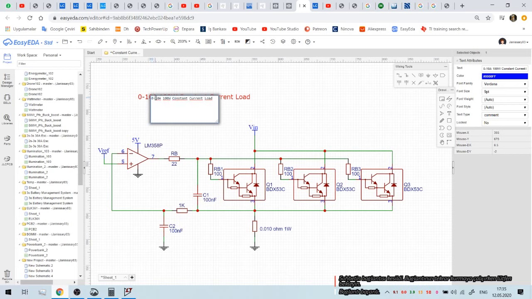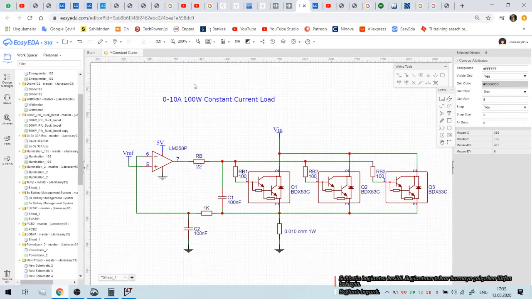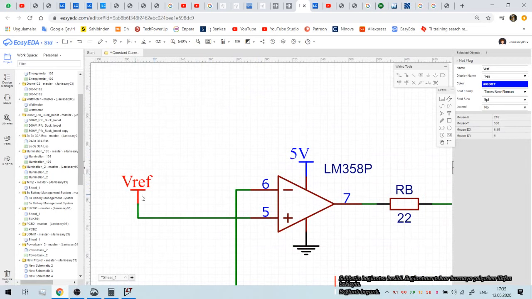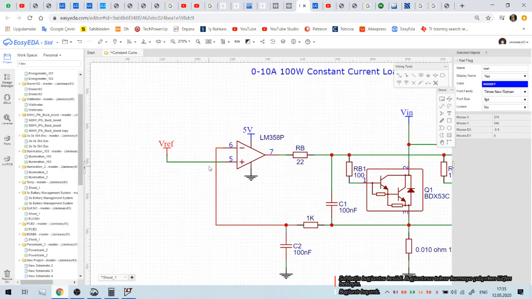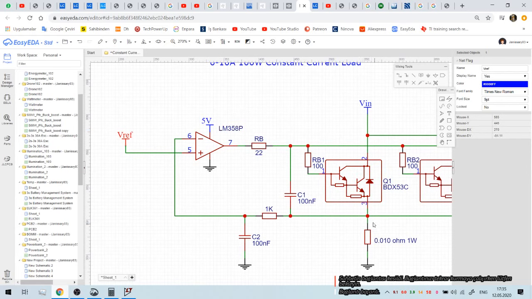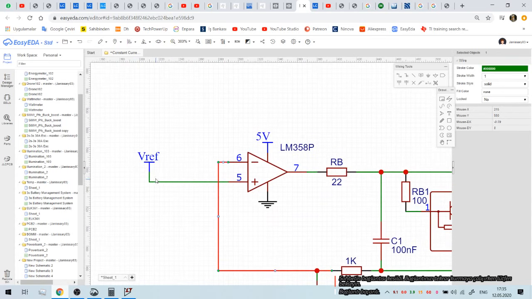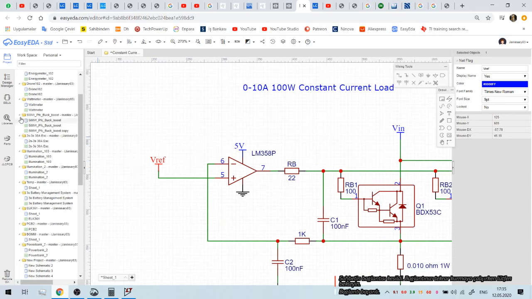I don't want to use it at 10 amp mostly. So we need some reference. I say that reference, and for 10 amp current the voltage drop here will be 100 millivolt, and we need to set it to 100 millivolt. How can we do that?